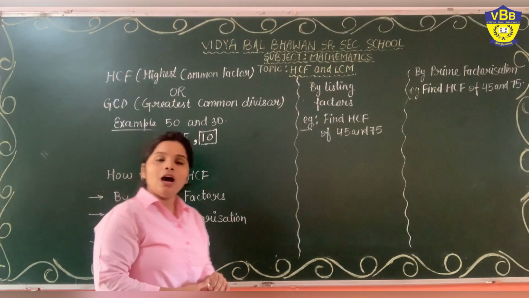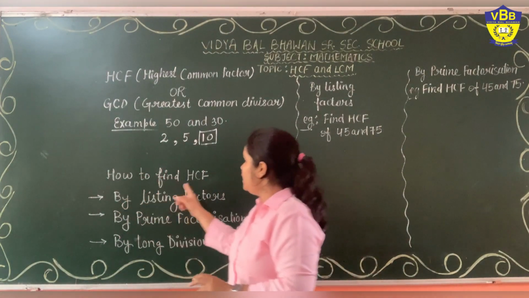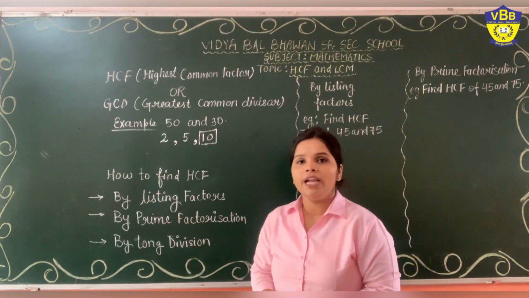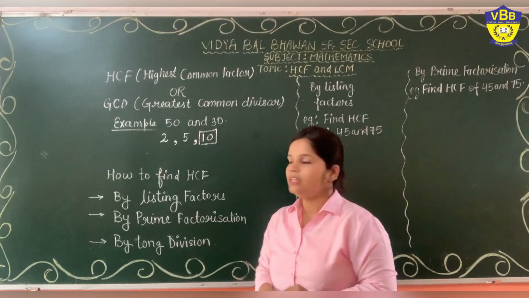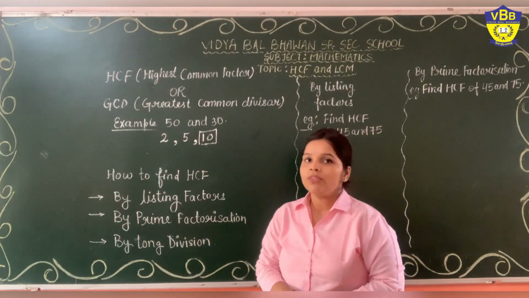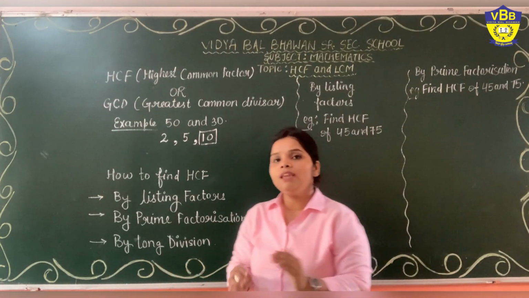Now, how do we find HCF? We have 3 different methods to find the HCF of given numbers. The first one is by listing factors. It is very simple.